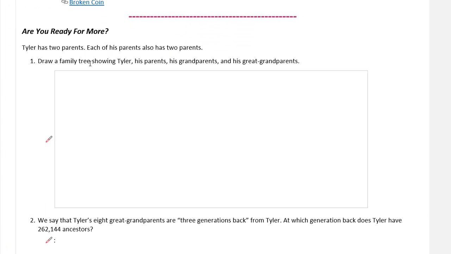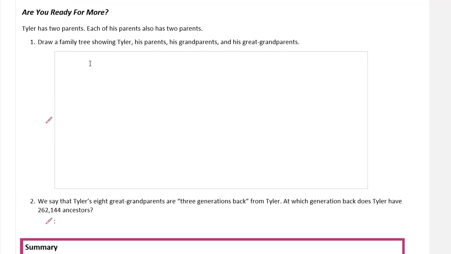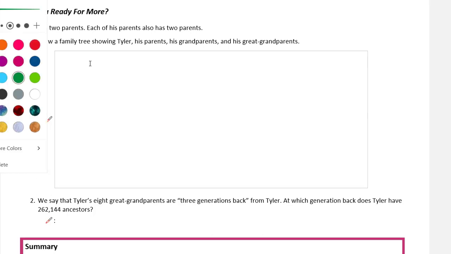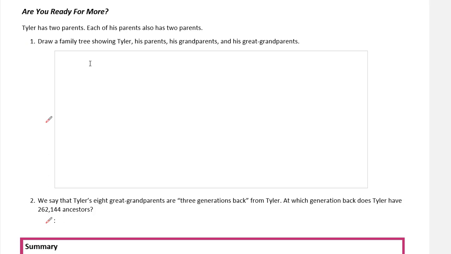Tyler has 2 parents. Each of his parents also has 2 parents. Draw a family tree. We're talking about a traditional family tree here, showing Tyler, his parents, his grandparents, and his great-grandparents.